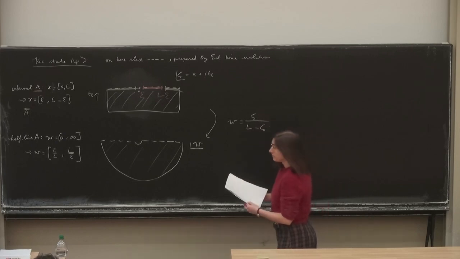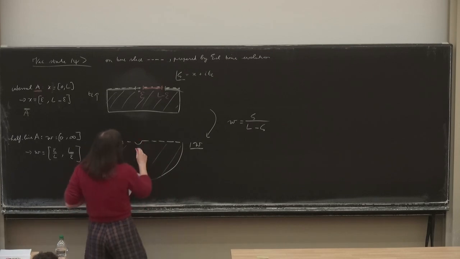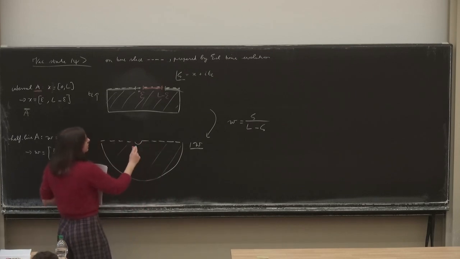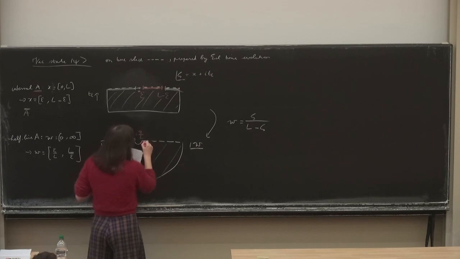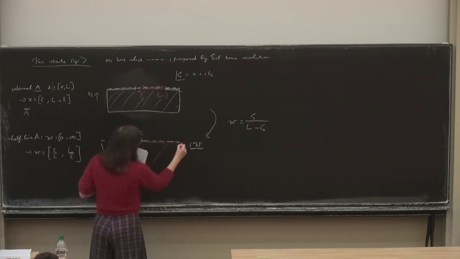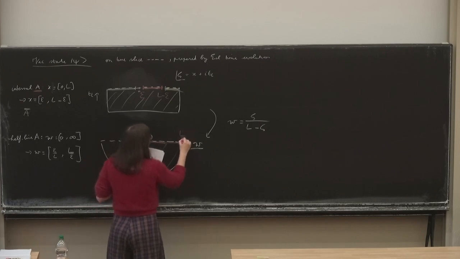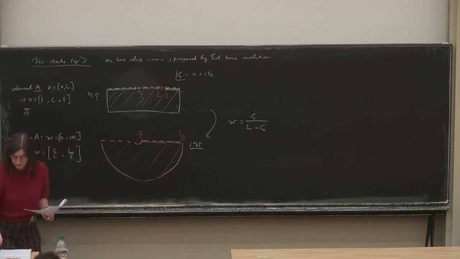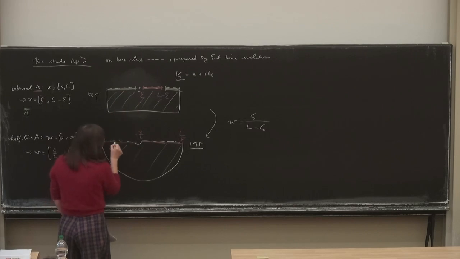So let me write the region A here. This is why there's a little cutout here around the origin. So I start here at epsilon over L and I end at L over epsilon. That's my region A. And region A bar is this other half here, okay?